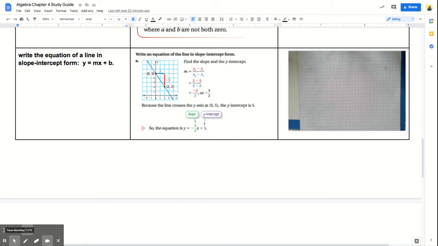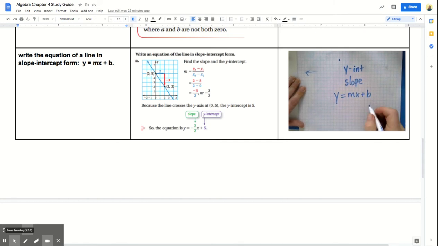So now when we have a graph and we're trying to write an equation in slope-intercept form, the things you need to know are the y-intercept and the slope. So if we look at our graph right over here, you're noticing that the y-intercept is at 5. So we're going to write our basic slope-intercept form, y equals mx plus b.